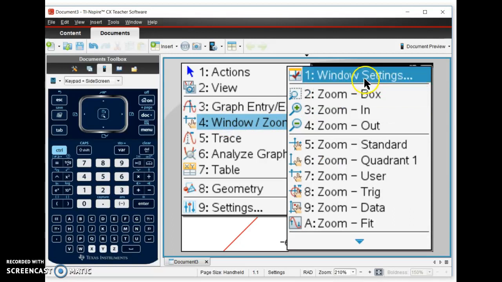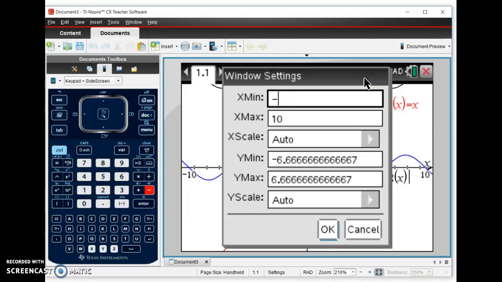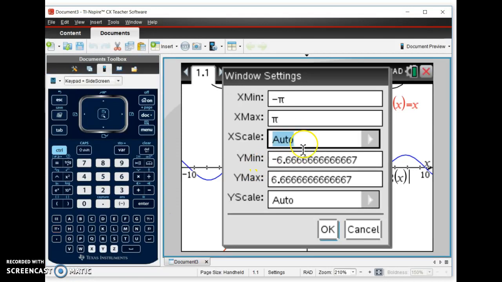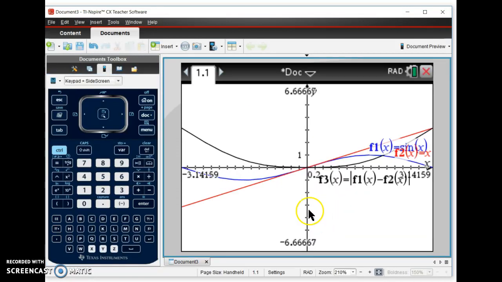Okay, so I'm going to change my window. I would like my error to be from negative pi to pi. So that's what I want my domain to be. And I can see that f of x equals x is not a very good approximation for sine of x. If I'm out even this far, it's not very good.